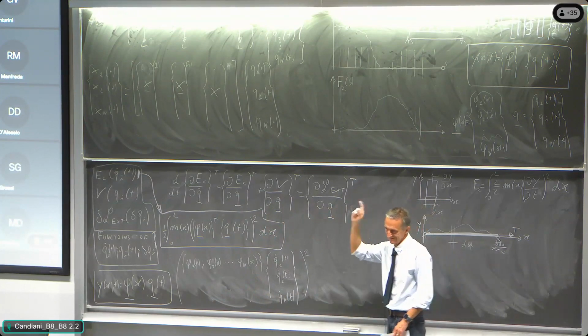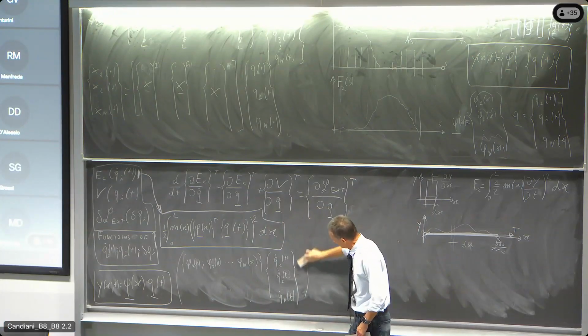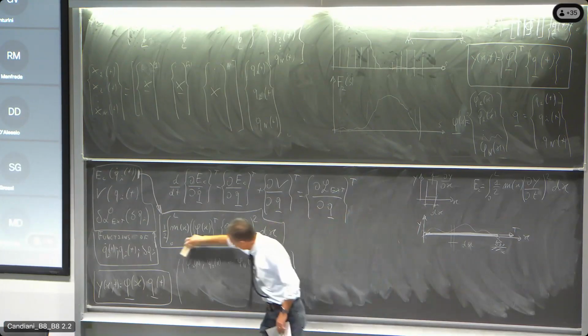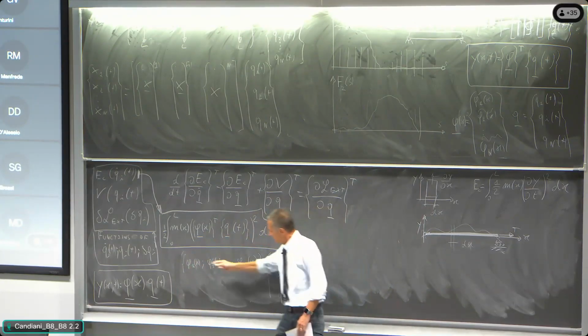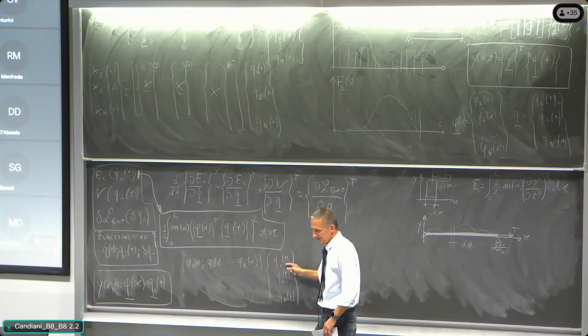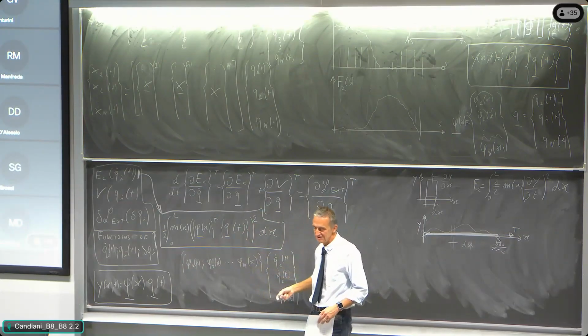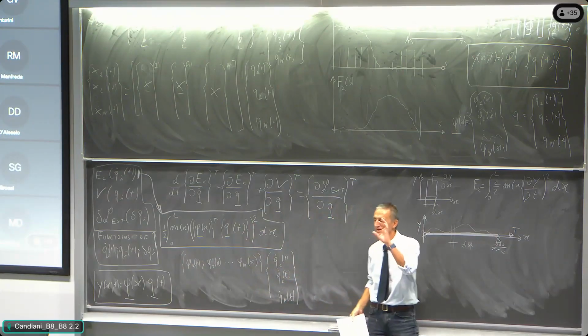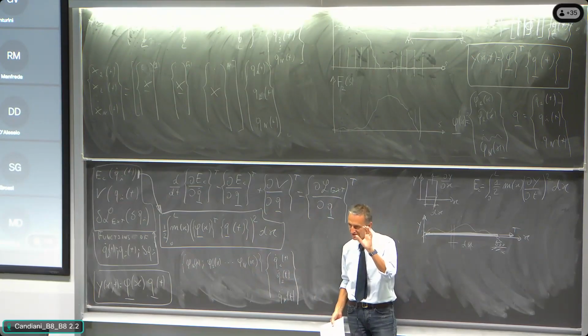But we do not do the square. We say that this object, phi1 times this, is the addition of several quantities, but it is simply what we call a scalar. All right? What is a scalar?